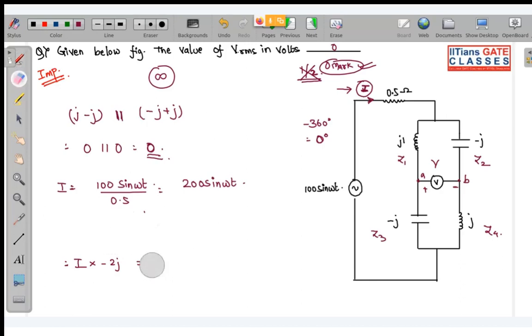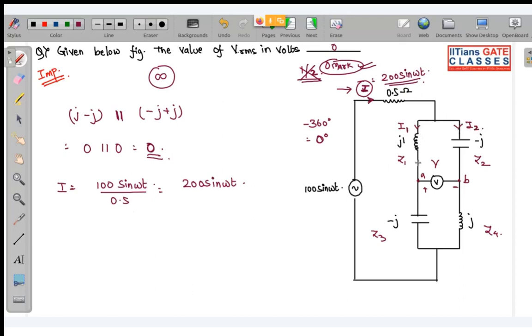Once again, I am making a mistake. See, this current is what? 200 sine omega t. Let this be I1, this be I2.